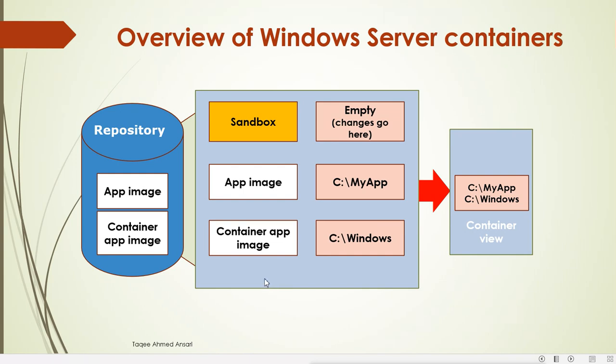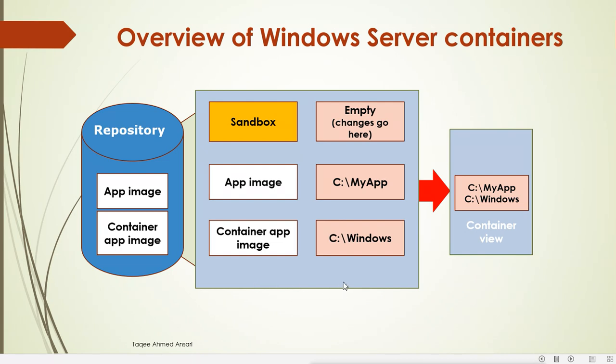Now, when we create a virtual machine, it is actually hardware virtualization, but a container is a virtualization of the operating system. That means if we want to install an application, for example an IIS web server, and I need a separate IIS server for a separate process, I can create a separate virtual machine or a separate container for it.